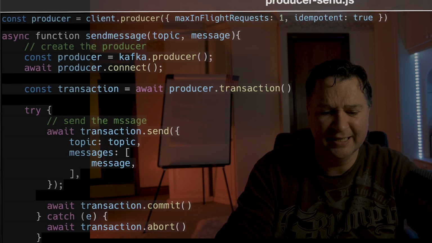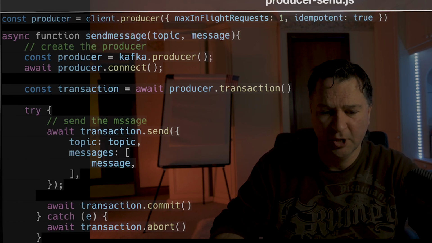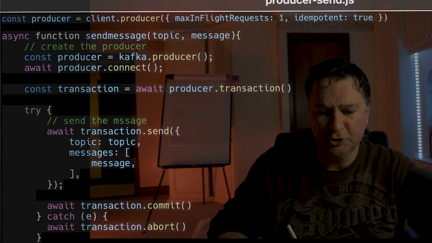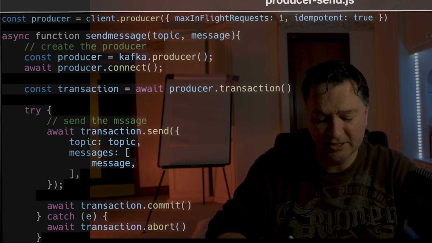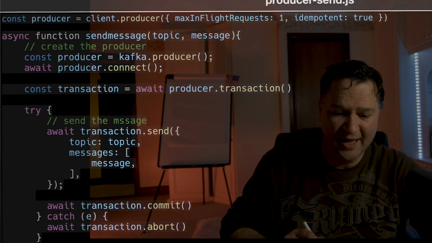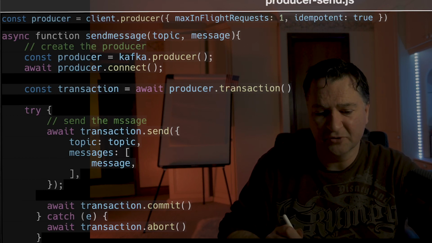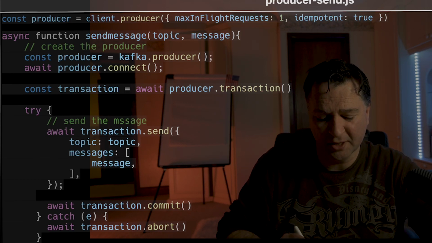And then the last thing you would do is use this concept of a transaction. When the producer sends that message, when we do that send M1, you wrap that in a transaction, and then finally you send a commit message at the end once you've got the acknowledgement back.